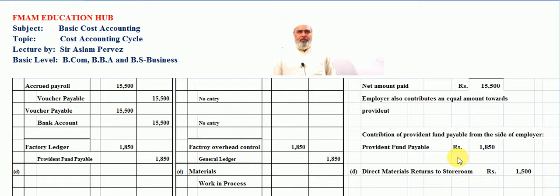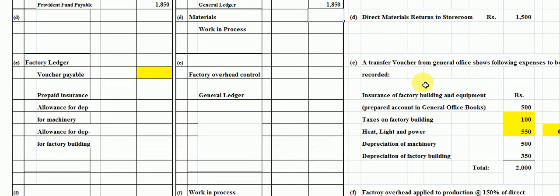Now students, we next move to the D part transaction, which is direct materials returned to storeroom. Students, that material which is not used in the production should be returned to storeroom again, which is the amount of 1,500 rupees.